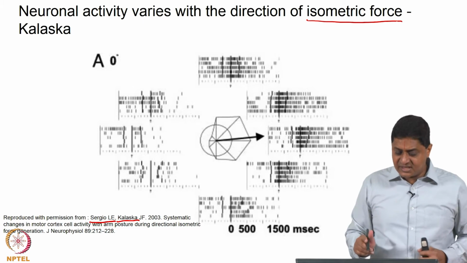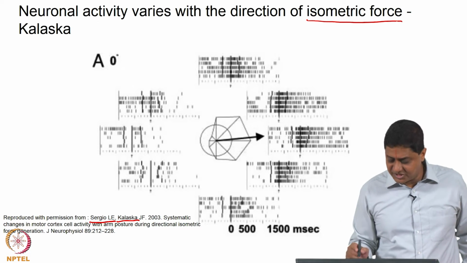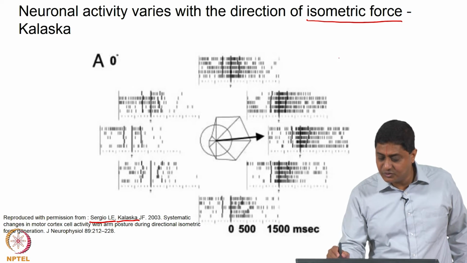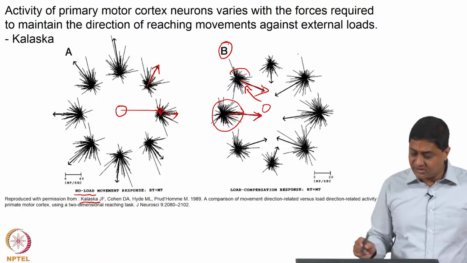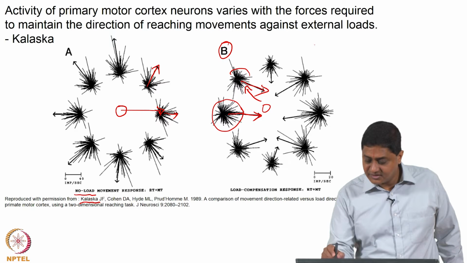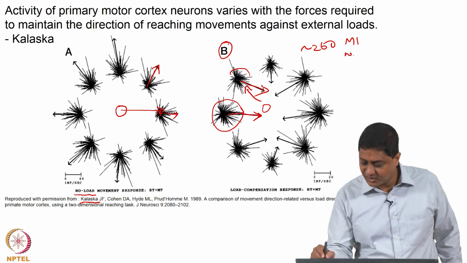Now, this picture presents activity from a single neuron. What about the case of Kalaska? This is activity from about 260 M1 neurons.